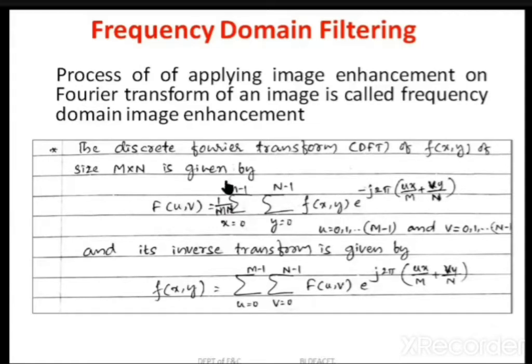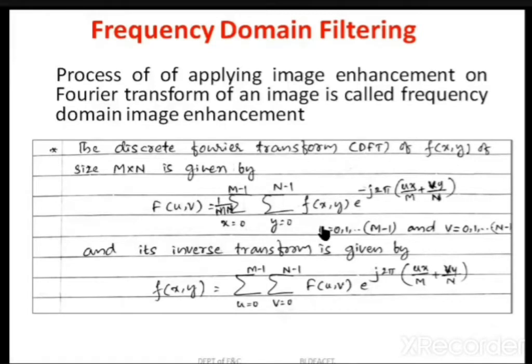The equation is like this. It is 1 divided by m into n, summation x varying from 0 to m minus 1, y from 0 to n minus 1, f of x comma y e raised to minus j2 pi in bracket ux divided by m plus vy divided by n, where u value is varied from 0 to m minus 1 and v value is varied from 0 to n minus 1.